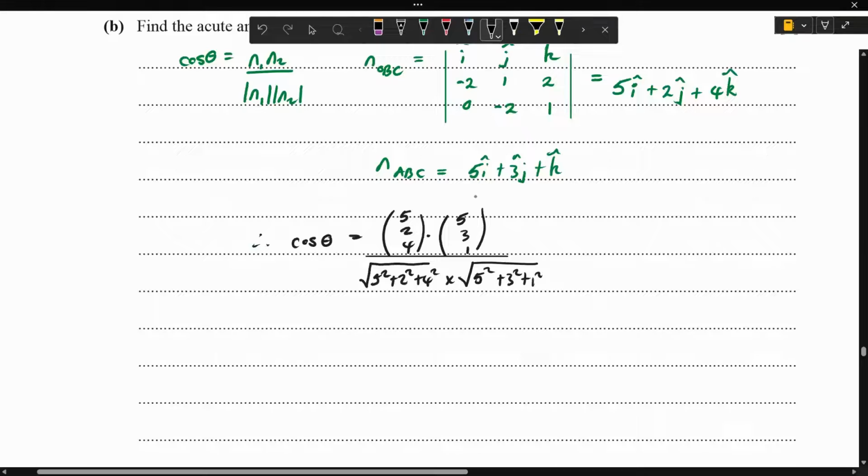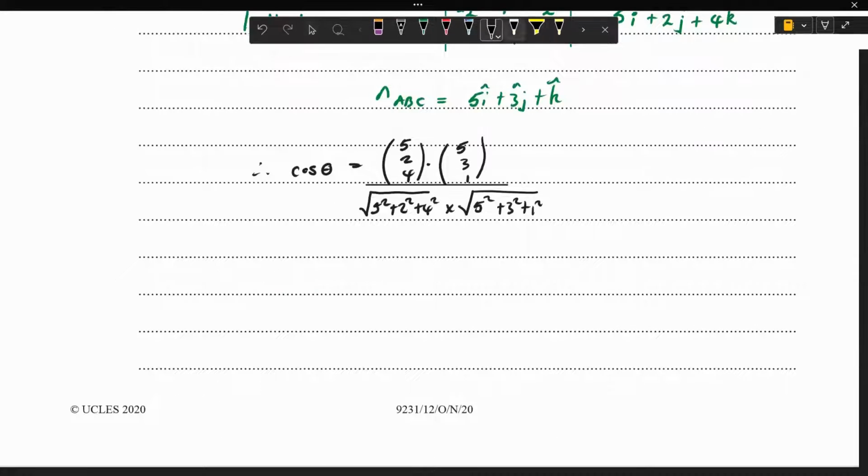Okay, so on top, we'll be having 25 plus 6 plus 4, which is 35. And at the bottom, we'll be having root of 35 times root of 45. So essentially, we have 35 over the square root of 1575.